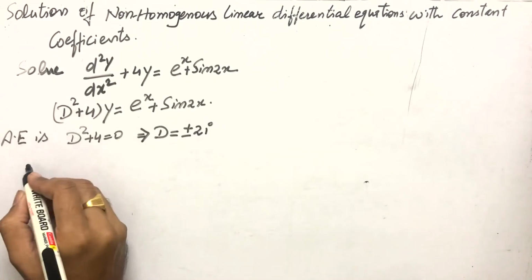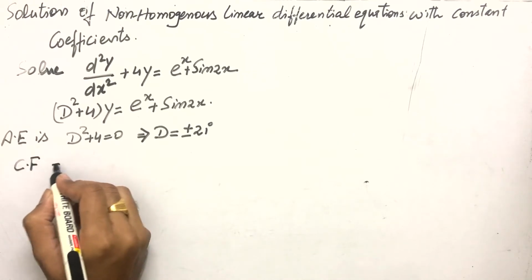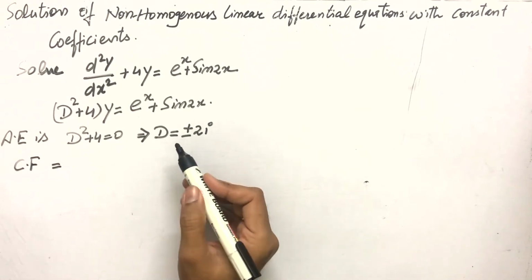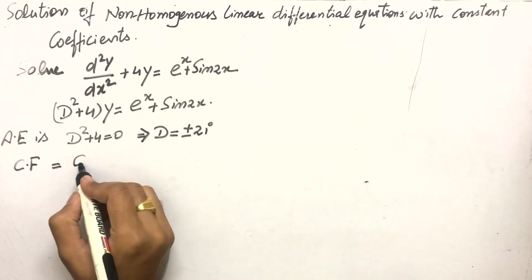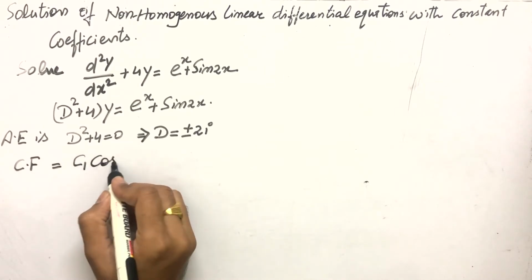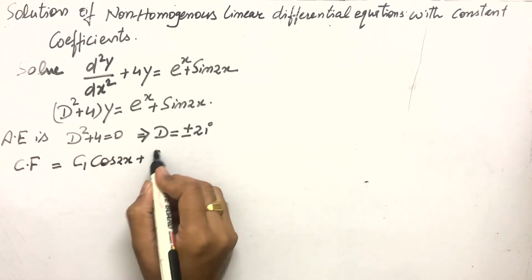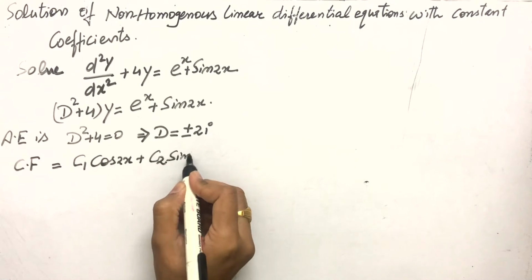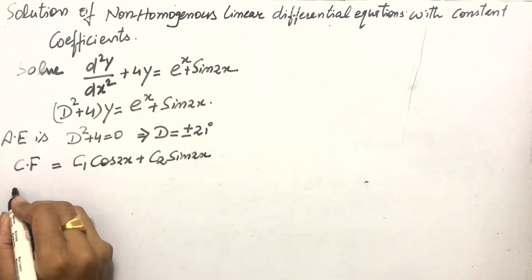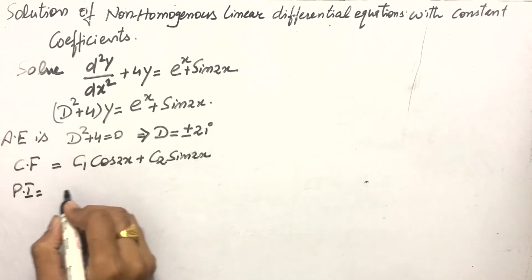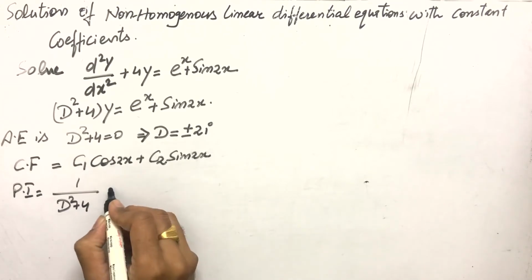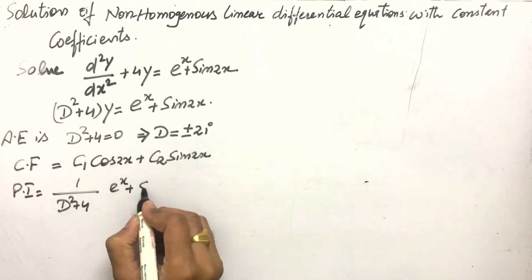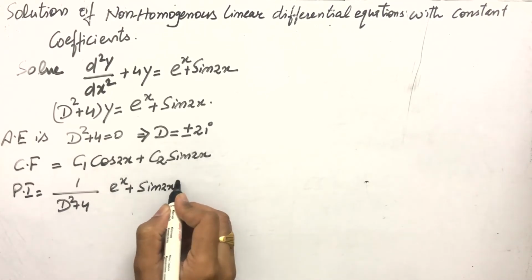And very easily we can write the complementary function here. What is the real part? 0, and what is the imaginary part? 2. So the solution is c1 cos 2x plus c2 sine 2x. Now the main part is the particular integral, that is 1 upon D squared plus 4, of e power x plus sine 2x.